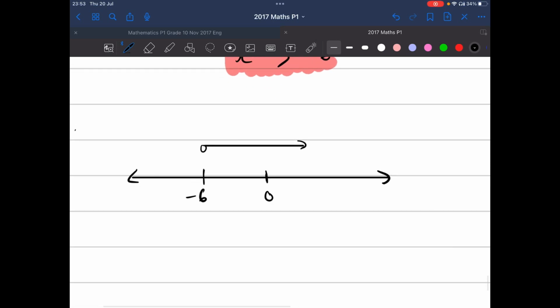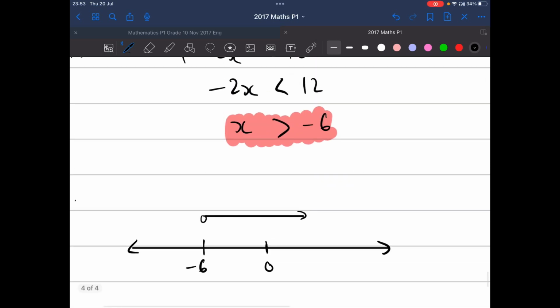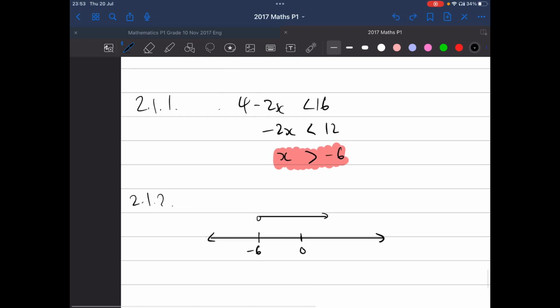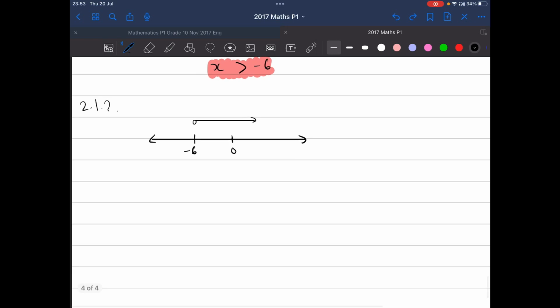Okay, and since it's not inclusive, x has to be greater than minus 6, not greater than or equal to. We leave the dot uncolored. So for this question, this would be the right answer, like this, right? But let's just say hypothetically that the answer was greater than or equal to, then we would color the dot in. Okay, but it's not, so we'll just leave it uncolored, and then that's the answer for that.